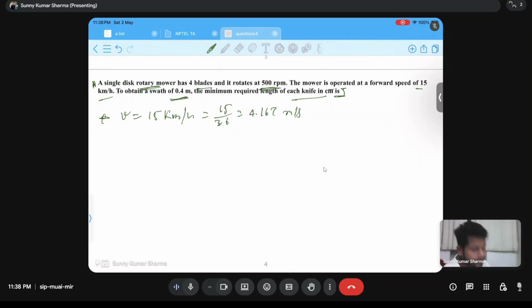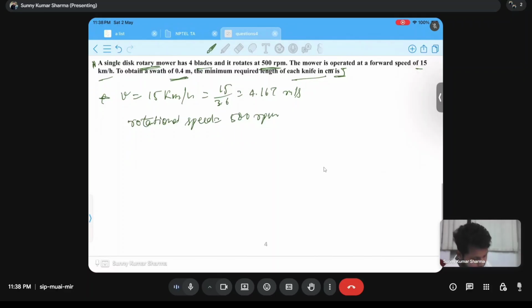Rotational speed is 500 rpm. Swath width is equal to 0.4 meter.